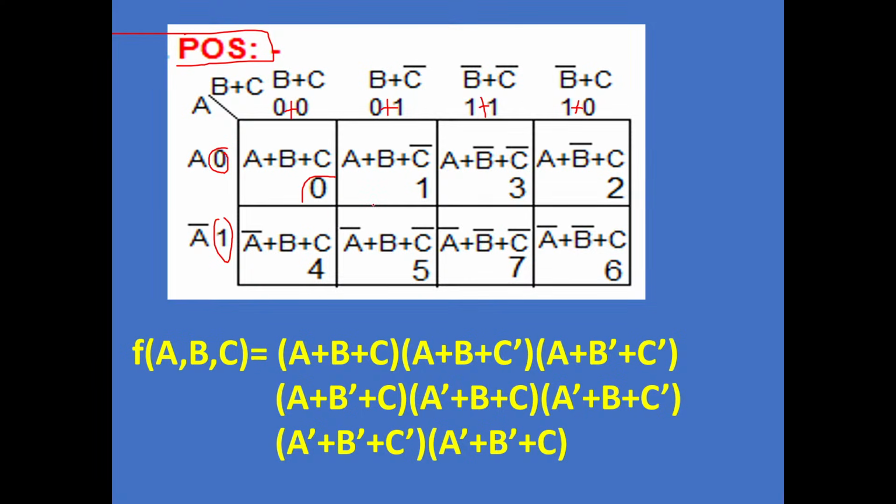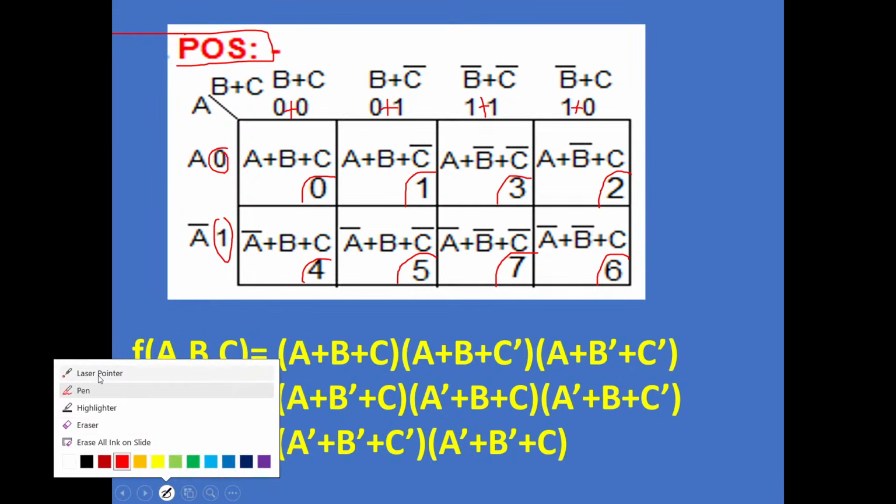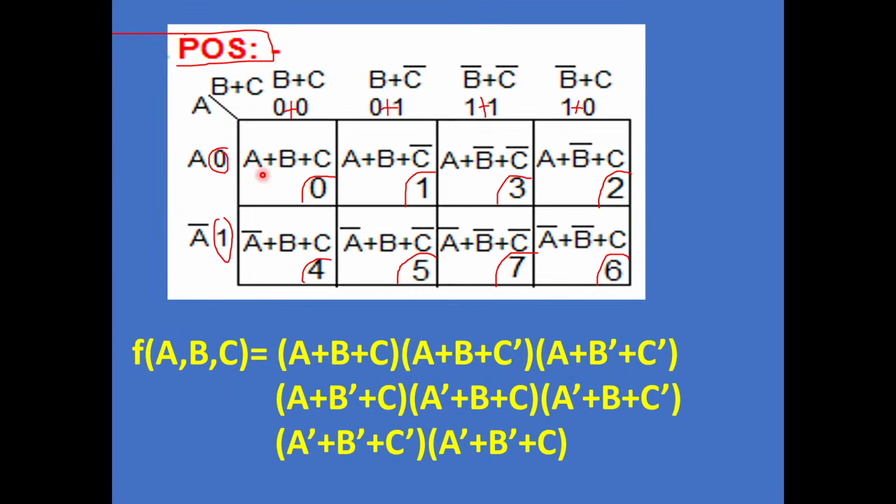Numbering to each square box is the same. 0, 1, jump 2, next come back 3, 4, 5, jump 6, come back 7. Okay, that's it. This is the numbering. Now let us write down the sums. A, look at the left side.